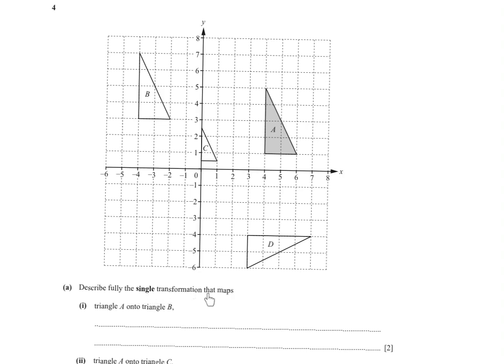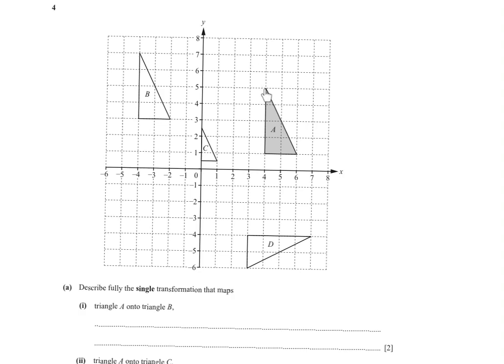Number 4. Describe fully the single transformation that maps A to B. A to B, this triangle is translated. How to find the column vector for translation? Start from this point and its image.